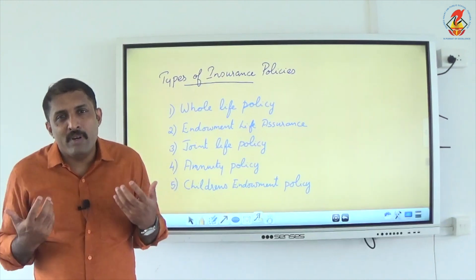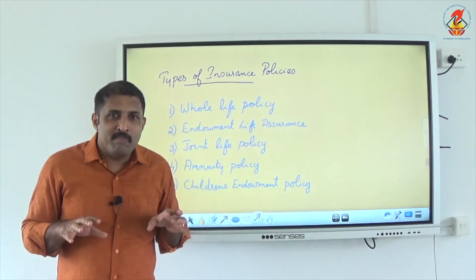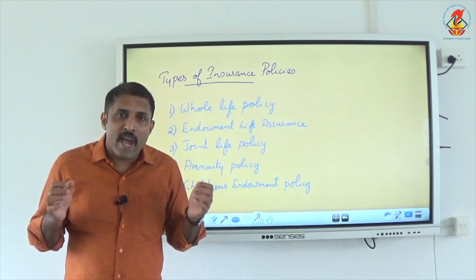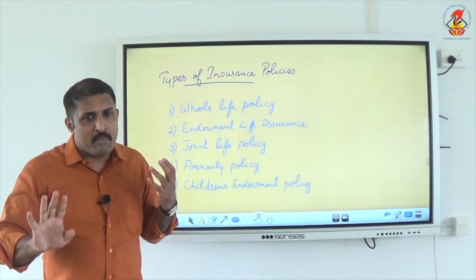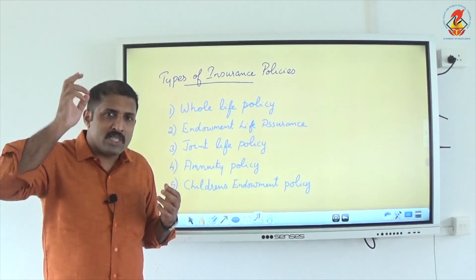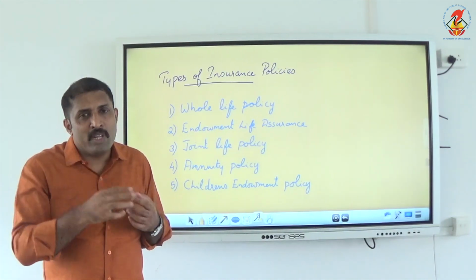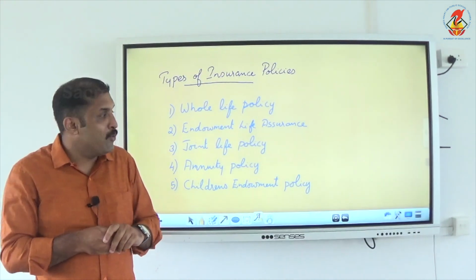If a person wants a fixed income, they can opt for this annuity policy. They will have to pay the premium till a particular time period, and after attaining a particular age, the assured sum will be paid in installments. That is what is called annuity policy.